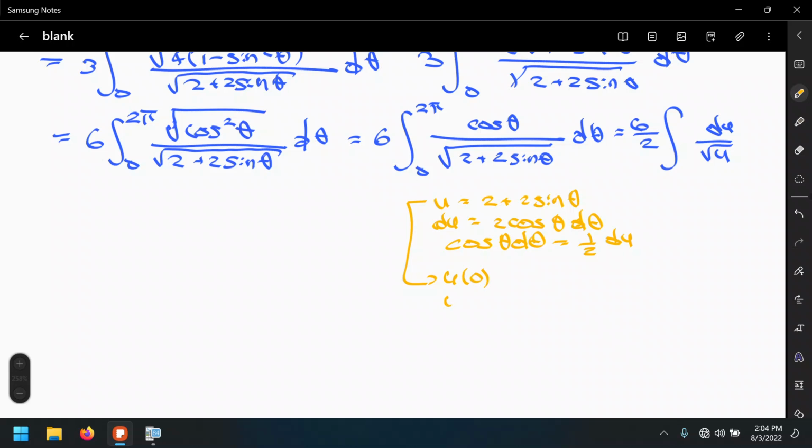U of 0, u of 2 pi. That's 2 plus 2 sine 0, and on the other hand 2 plus 2 sine 2 pi. Did you see the issue here?